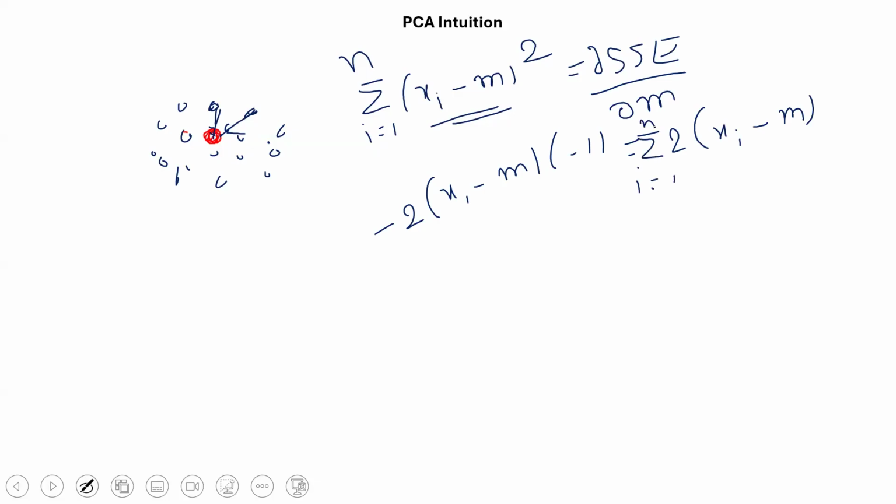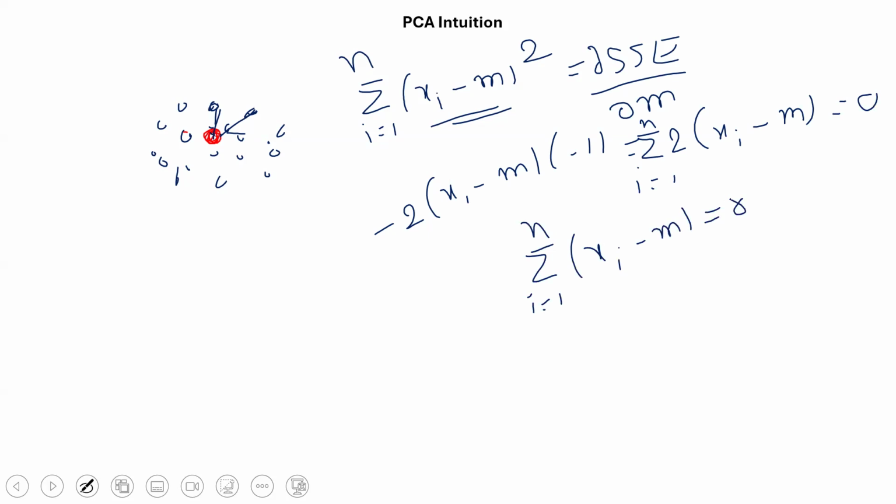Is it right? So I need to equate this to 0. And now what does this become? If 2 goes to the other side, that will be equal to 0. So this becomes sigma i equal to 1 to n of (xi - m) equal to 0.